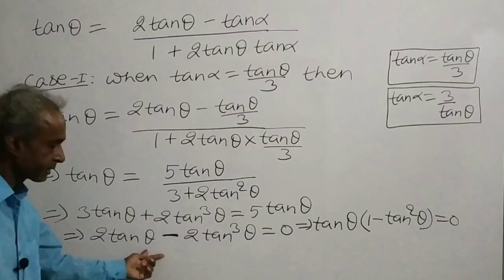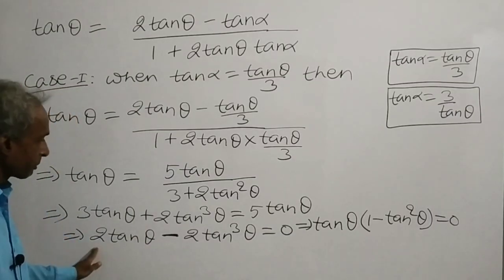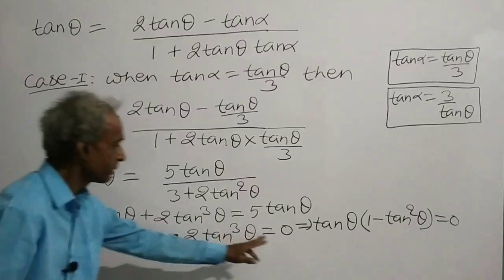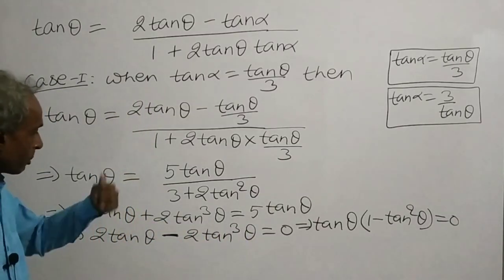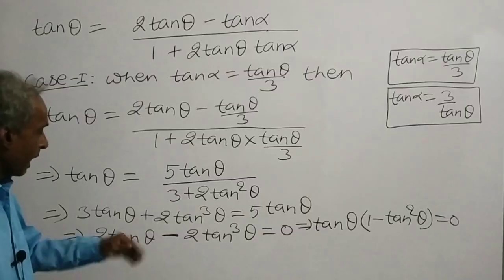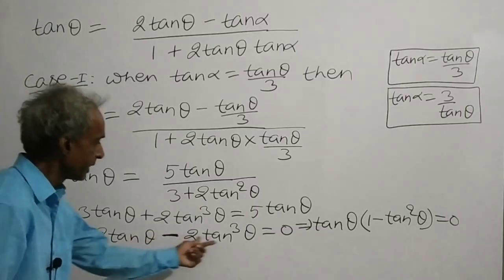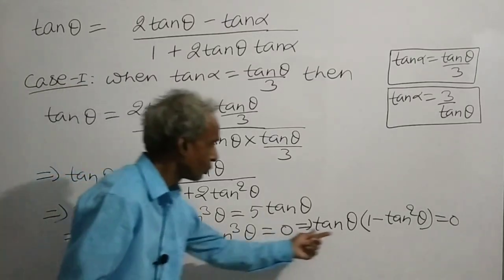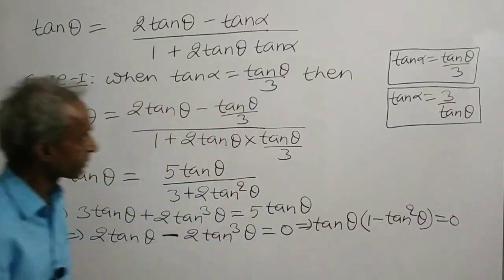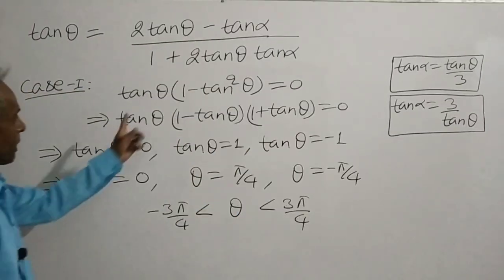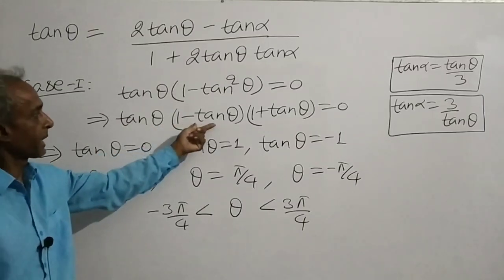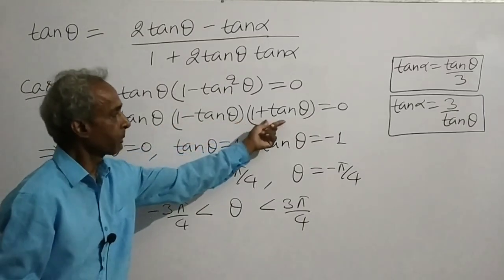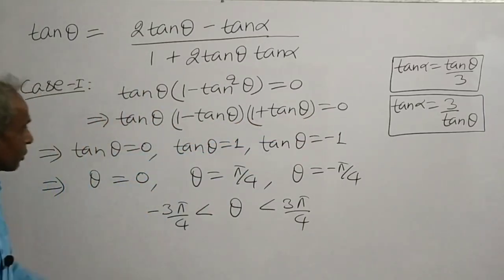Then we get this. Take 2 common from these two and shift to the right hand side. Then 0 by 2 will be 0. Now we take tan theta common from these two and get this. This implies tan theta, 1 minus tan theta, 1 plus tan theta is equal to 0.